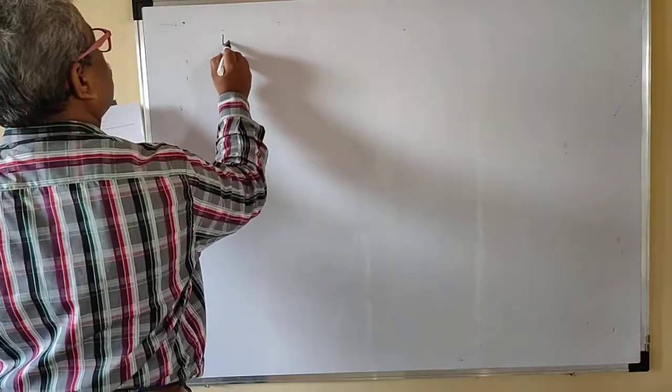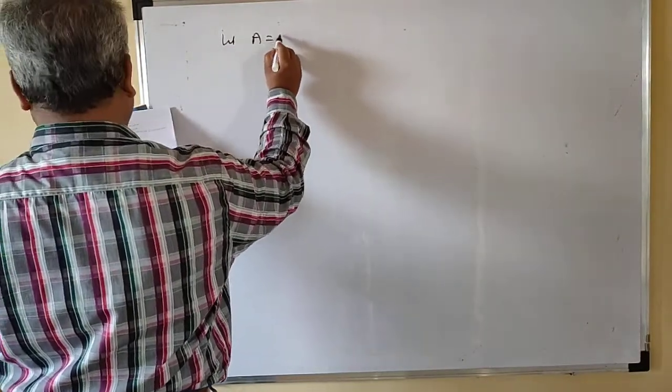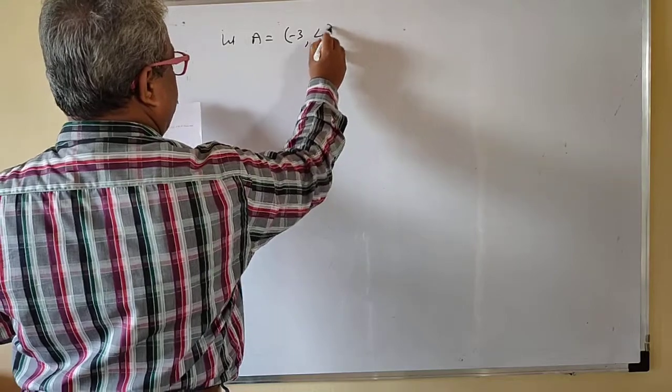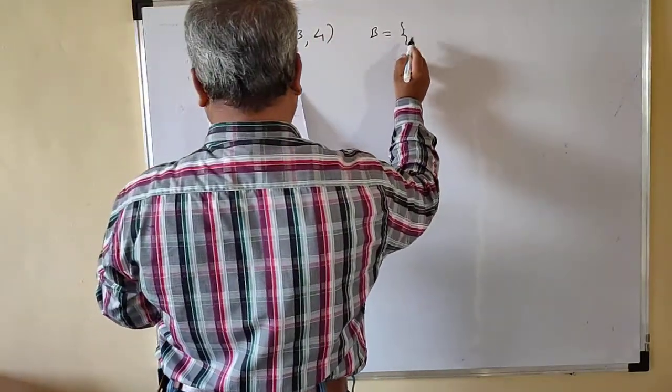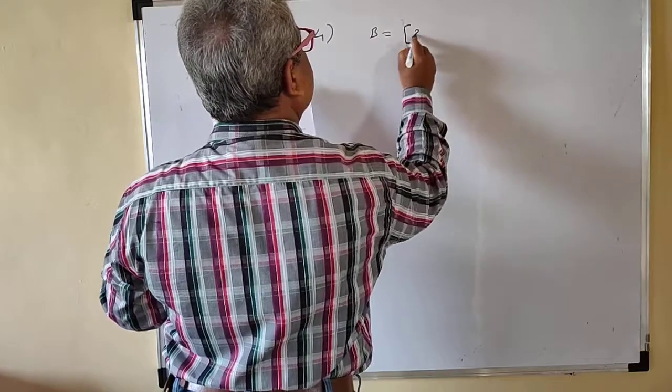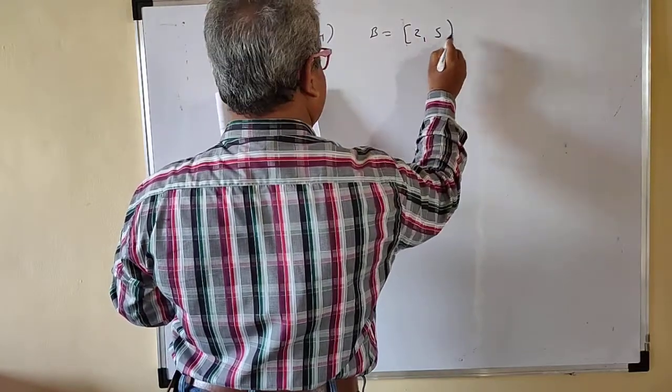Let A be equal to the interval open minus 3 to 4, and B is equal to the interval closed 2 to open 5.